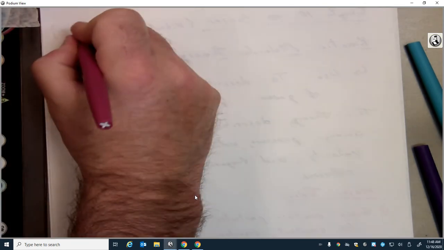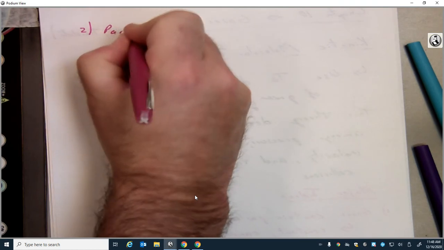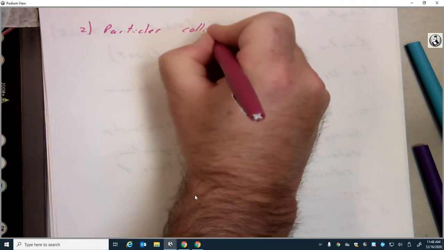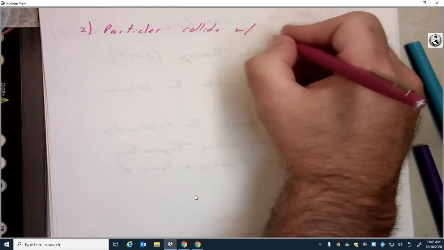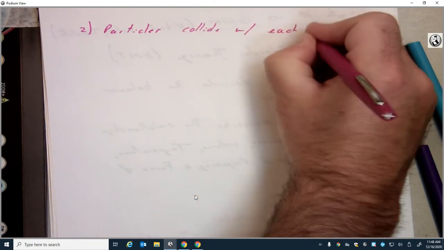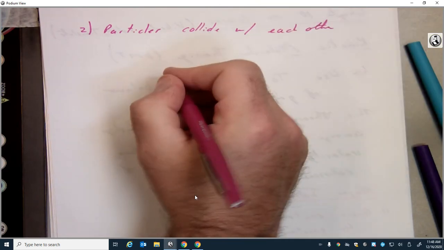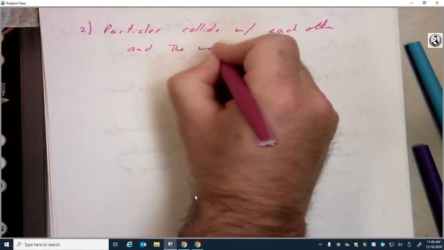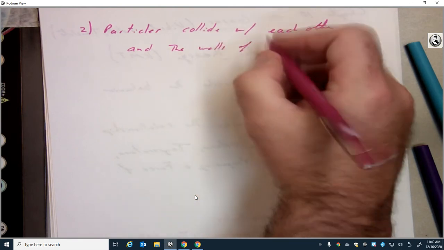Okay, let's talk about number 2. Particles collide with each other and the walls of their container.